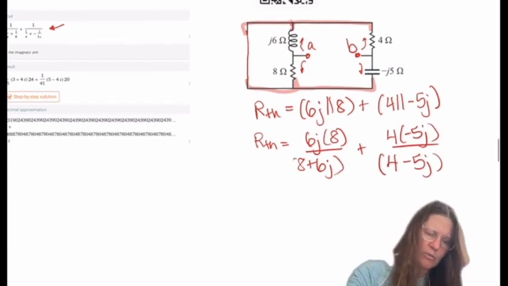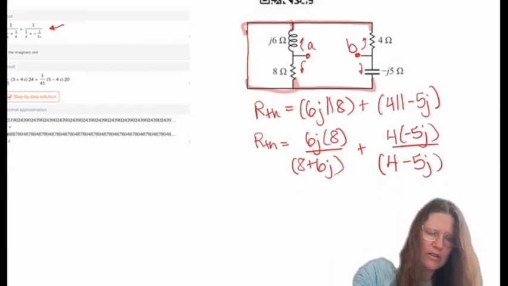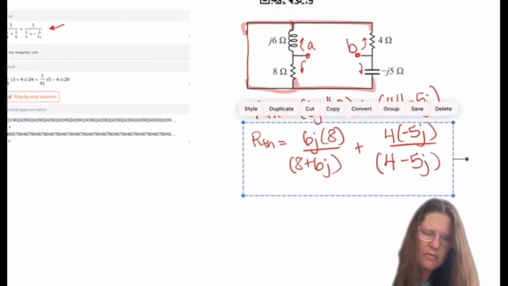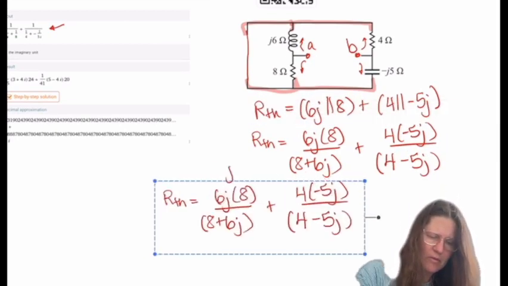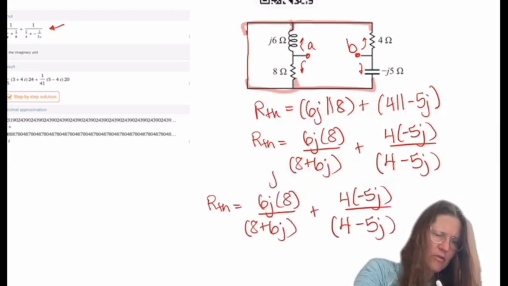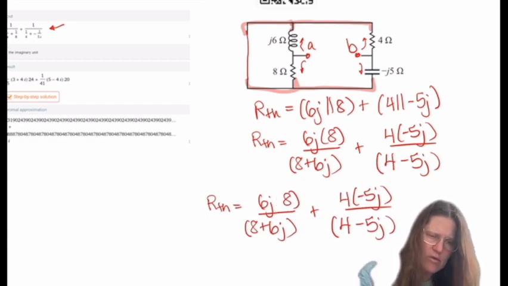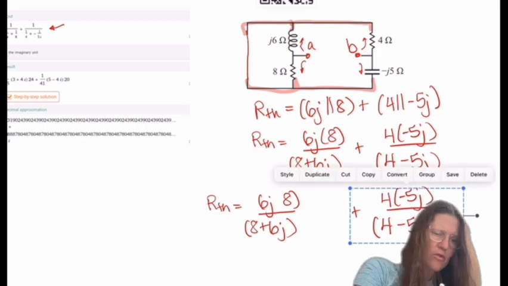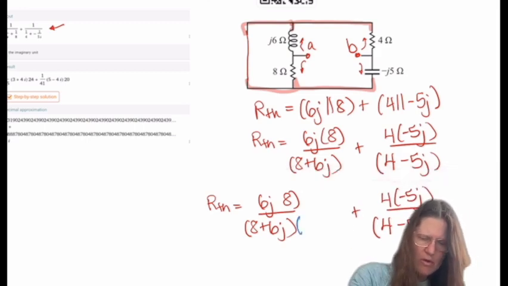And then you can multiply the bottom by the complex conjugate to get rid of the bottom.